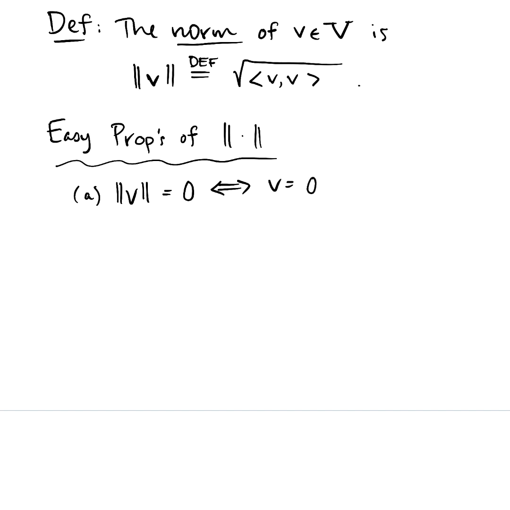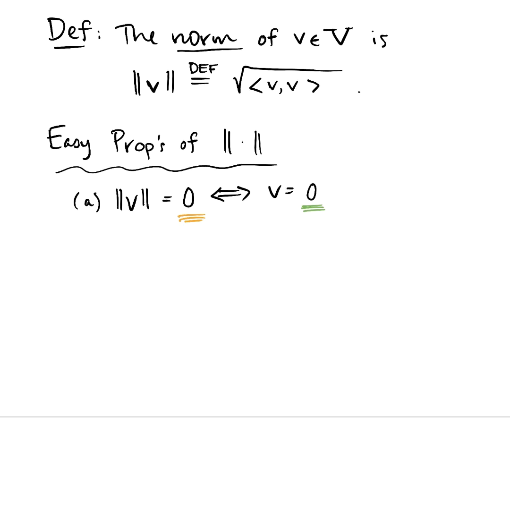And this gives us another opportunity to do that thing where we make sure we know what we're talking about on both sides of the equal sign, and on both sides of the if and only if, for that matter. So the first statement, magnitude v equals 0. The 0 in that statement, this 0 right here, that's 0 the number, just the number 0. On the other hand, the 0 on the other side, that's 0 the vector.